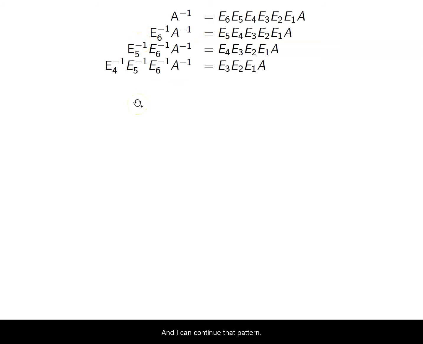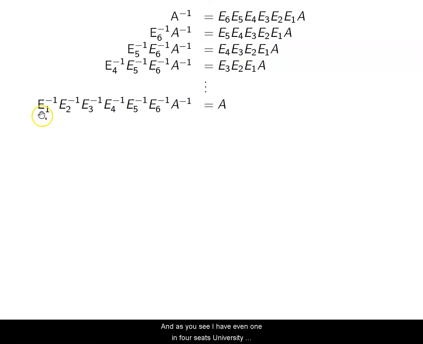And I can continue that pattern until I reduce my way all the way to A. And as you see, I have E1 inverse, E2 inverse, E3 inverse, etc., all the way times A inverse to equal A. So now I have a decomposition of A into inverses of elementary matrices, and A inverse. Okay. These themselves are actually going to be elementary matrices as well.